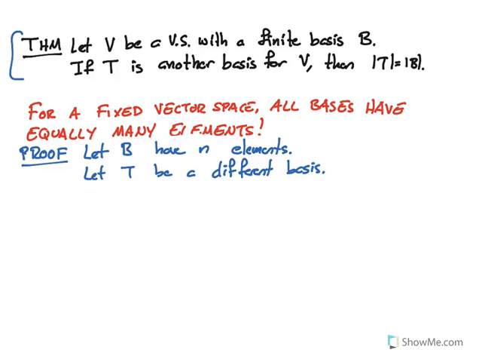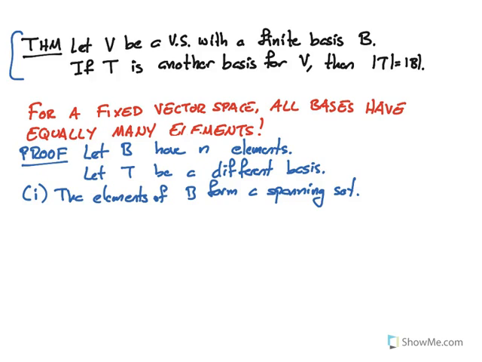And now I'm going to invoke theorem X twice. So first of all, observe that the elements of B form a spanning set. So that tells us that the number of elements in T has to be less than or equal to the number of elements in B.